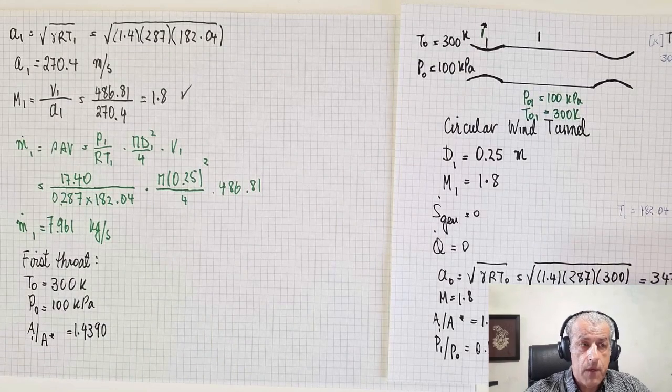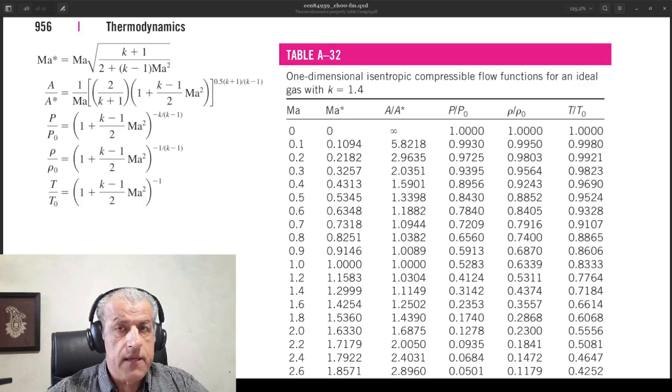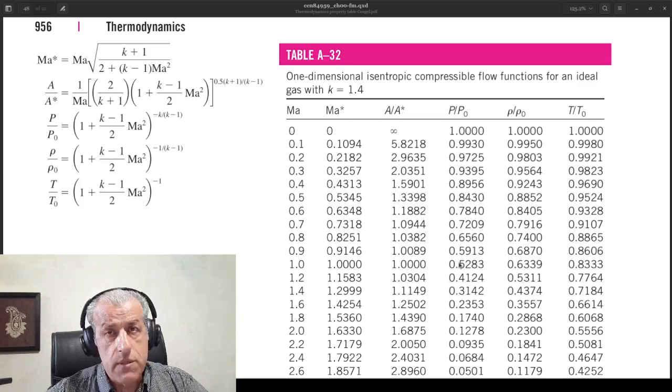the throat. You see, at the throat, which in this table is this line, Mach number is 1. A over A star is, of course, 1 because A is the throat area. Two properties are important for us.